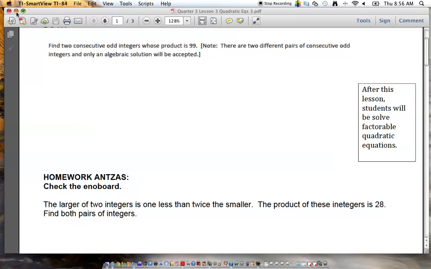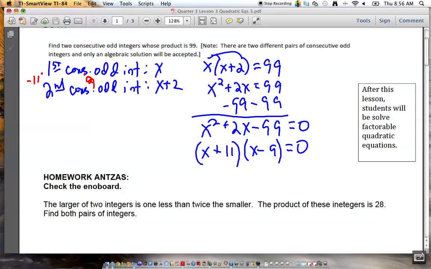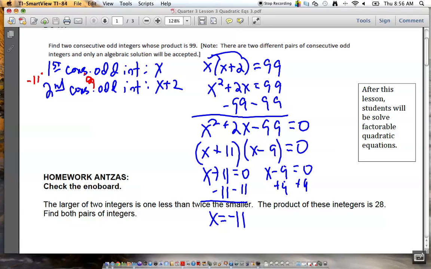Now, going back to what we have here, the last thing I do to finish off this problem is set the guy on the left and the guy on the right each equal to 0. Minus 11, x is negative 11. Add 9, x is 9.